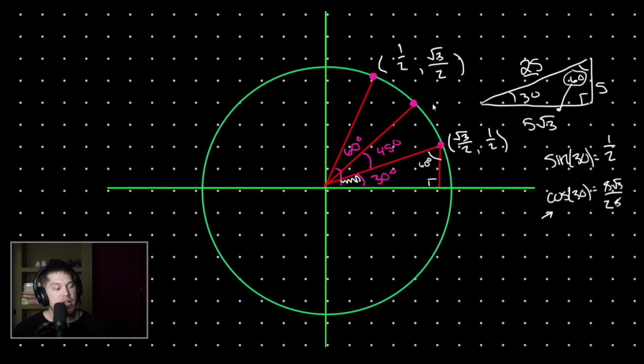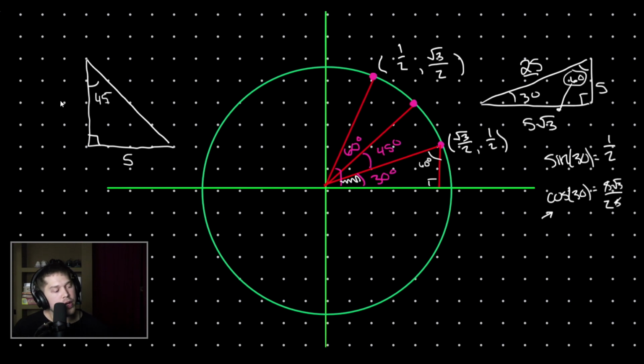Now let's find the coordinate for this point here, our 45-degree location. Here I'll go to this left-hand side. Let's draw a triangle. Here we have a 45, 45, 90 triangle.